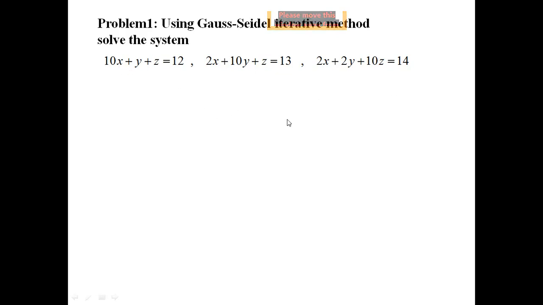Once this condition is satisfied, rewrite the system in the iterative form. Iterative form means we need the iteration formula. For that, for the first equation, write the value of the first variable in terms of the remaining variables. So the given equation, being diagonally dominant, can be written as follows: from the first equation, write the value of x in terms of the remaining variables.